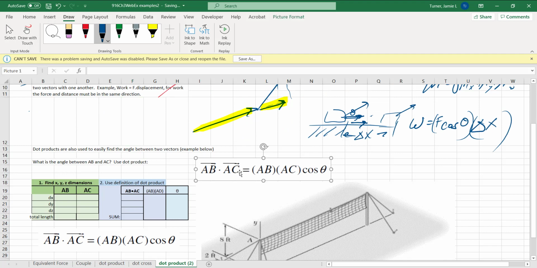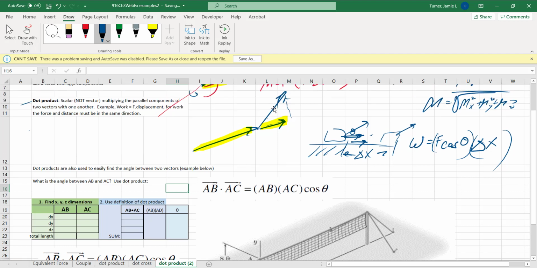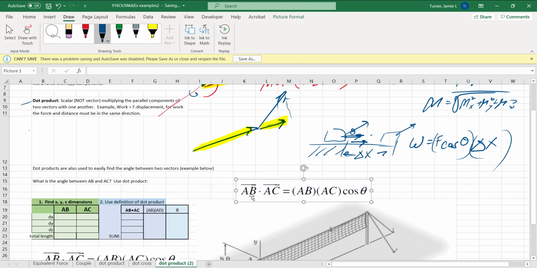How to set this up, and I will post a video that derives this equation. It comes from the law of cosines. But basically, to get this vector times that vector to see how much is in the same direction, you take x times x, y times y, z times z. So let's say you have some vector AB, and that vector has x, y, z components.